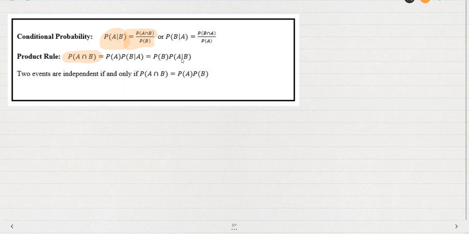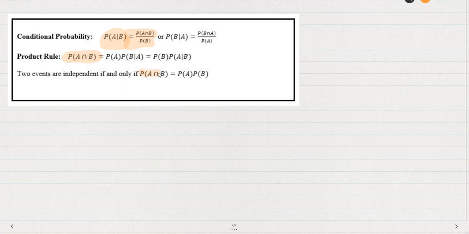Now, when the two events are independent, that means that the results or the probability of A has no connection to the probability of B. They don't affect one another.